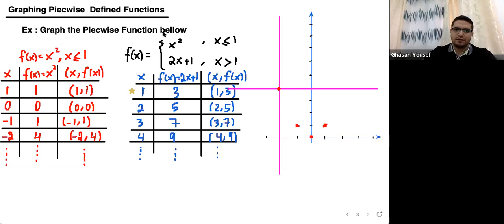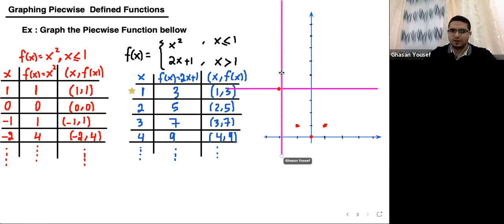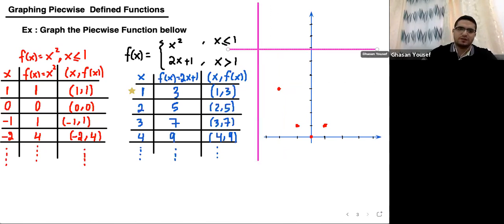If I want to graph the first function, the graph will look like half of a parabola. So the graph should be something like this. Starting from this point, a closed circle, it goes down like that, then goes up like this.